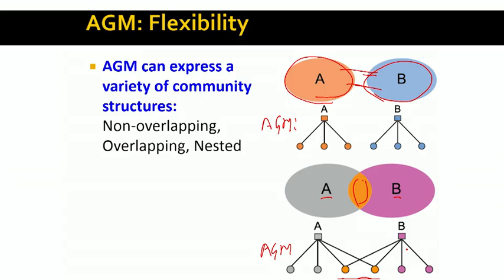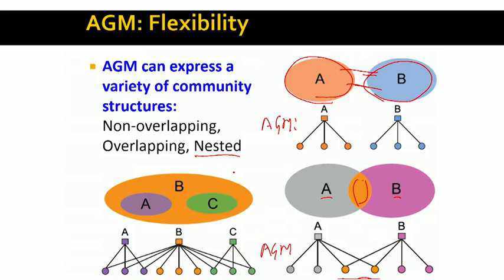And what's interesting, we can even think about nested or hierarchically nested communities, where we could have the mother community B that then has 2 smaller communities, A and C, embedded in it. The way we would model this using our affiliation network model is to say, okay, we have 3 communities.